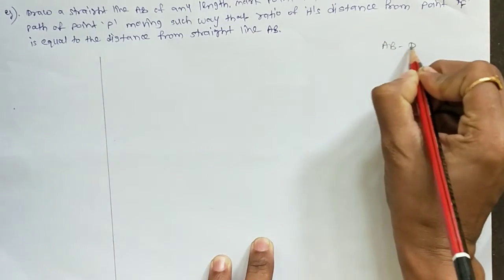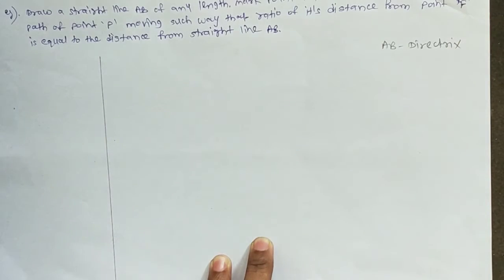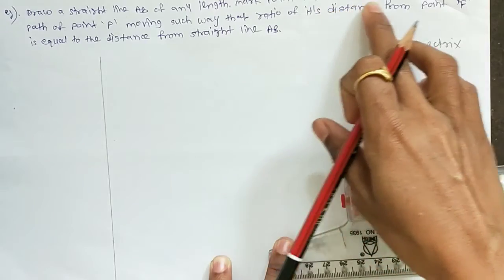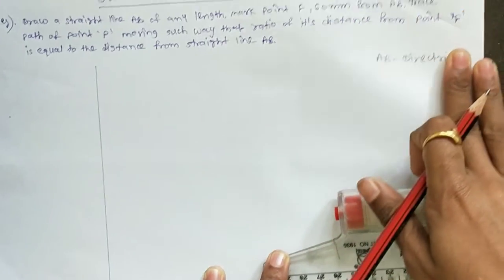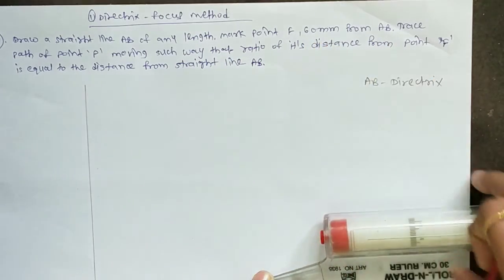So AB is directrix. Next, mark point F 60 mm from AB as given in example. Mark point F 60 mm from AB.